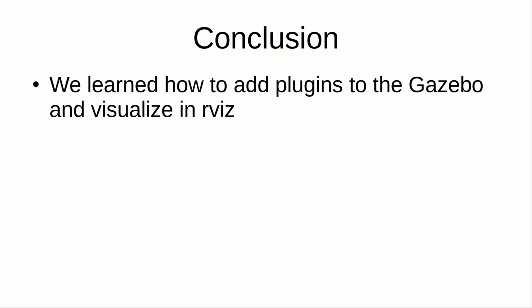You can add other plugins such as IMU. You can add, for instance, a 3D laser like the Velodyne model. This one we used is Hokuyo, right? The other model is the famous 3D laser called Velodyne. You can add this plugin, and you can have 3D mapping with that.